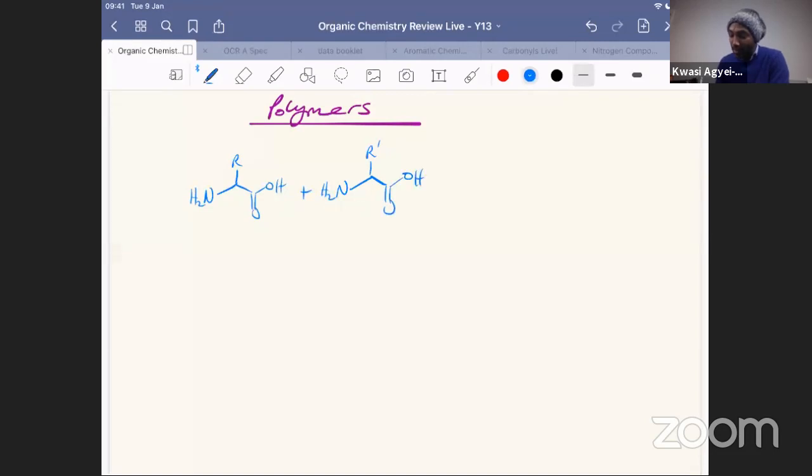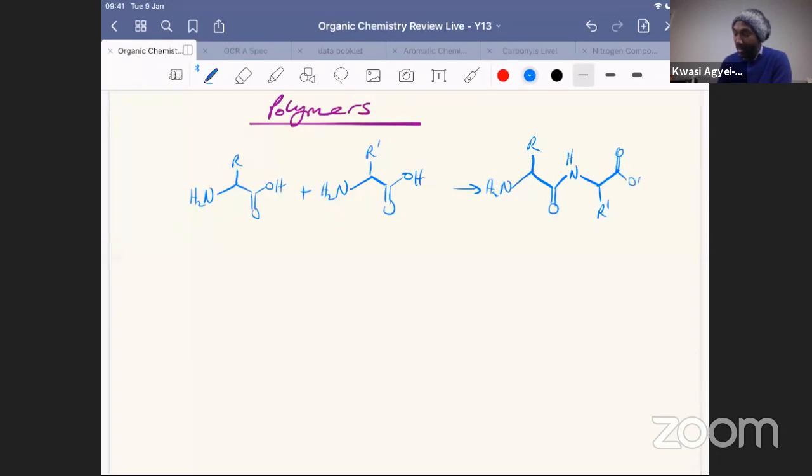In forming this dipeptide, you will end up with an NH2 group at that end and an R group here, and then the peptide bond, so the amide in a dipeptide is referred to as a peptide bond, and there's our R dash group there.